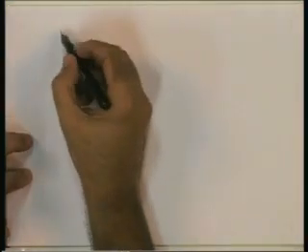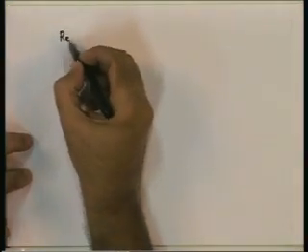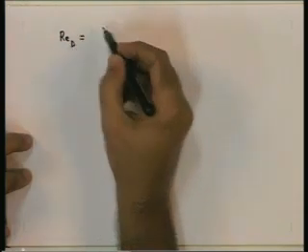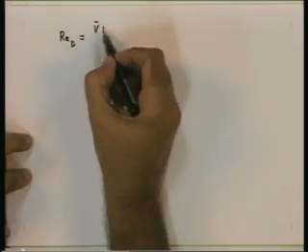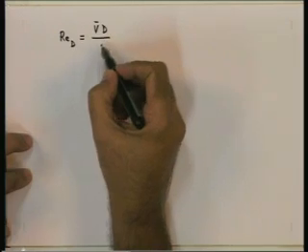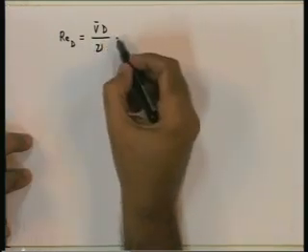The next step, calculate the Reynolds number. It is a flow in a tube, so Reynolds number is based on the diameter, that will be V bar D by nu.